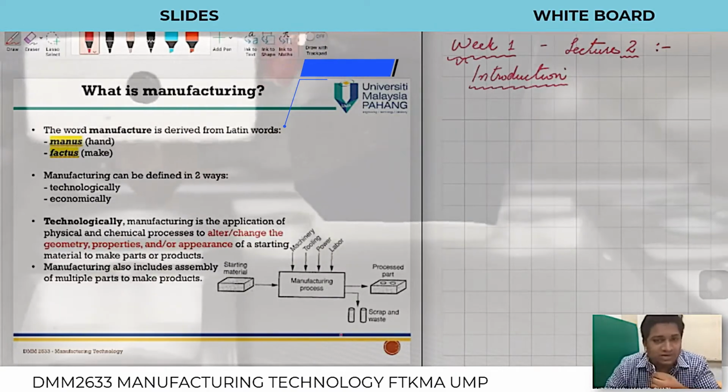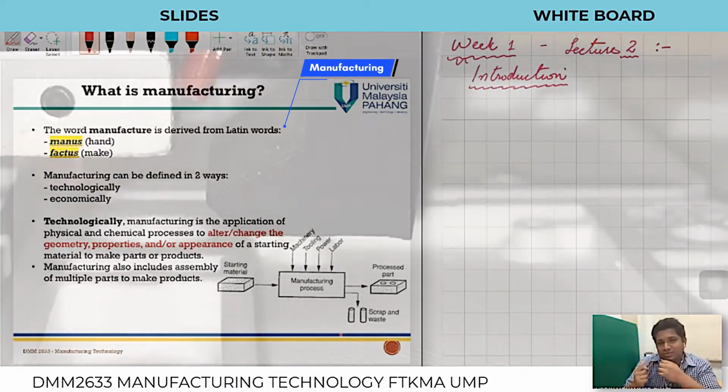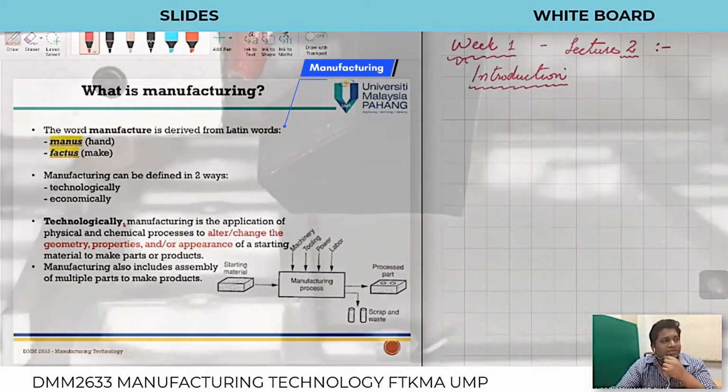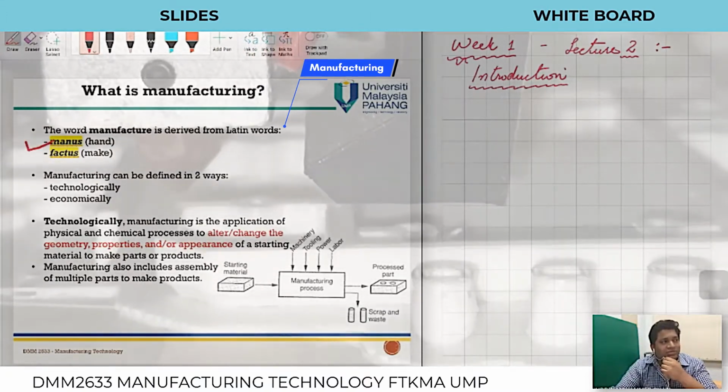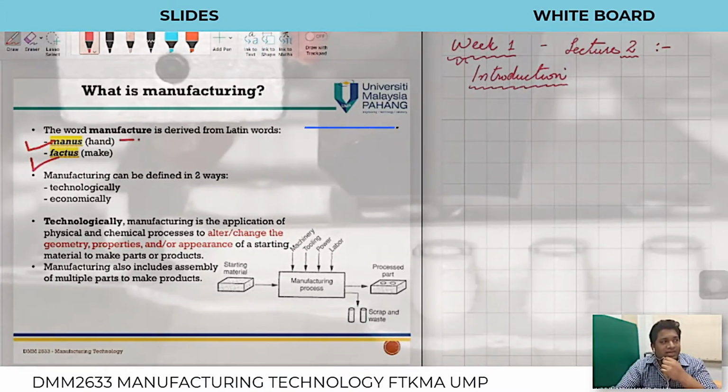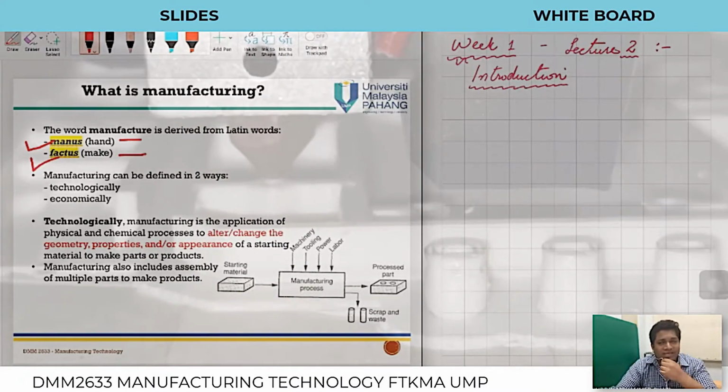So what is manufacturing and where did this word come from? The word manufacturing came from manus and factus. Manus means hand, factus means make: handmade.